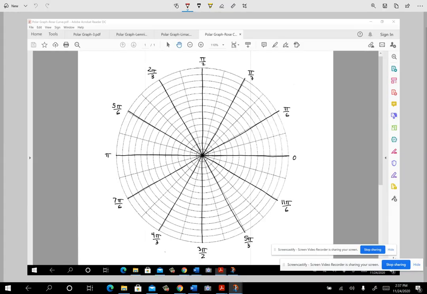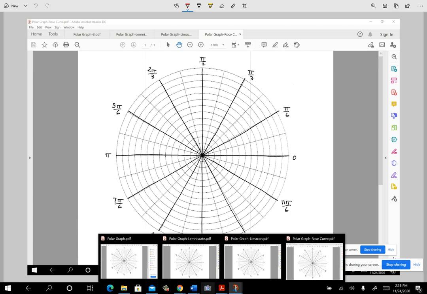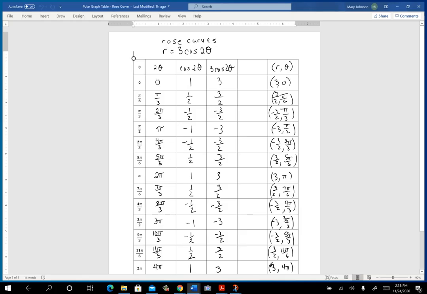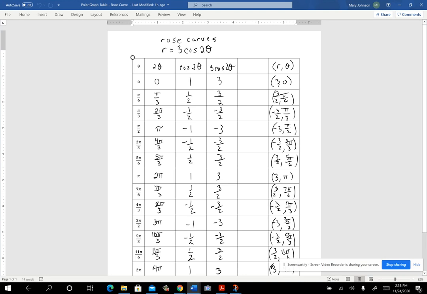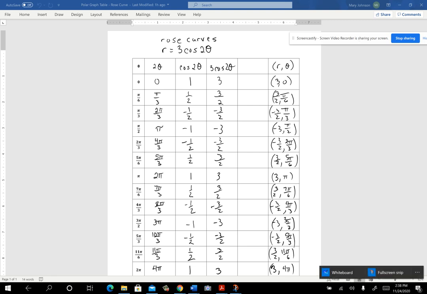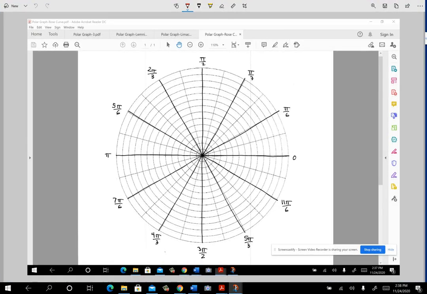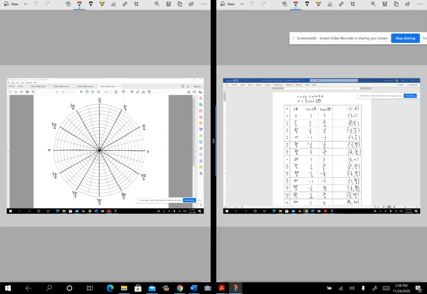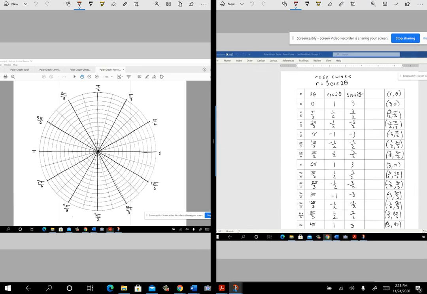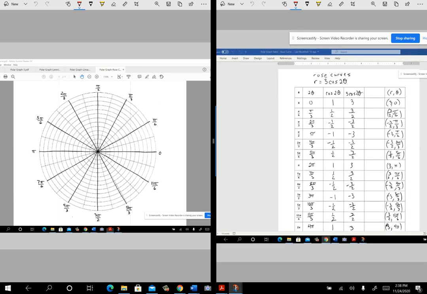Okay, and then let me pull up the graph we just did for the table. This is the completed table for it. So let me snip that and get that out of the way. Okay, and then let me try to keep these 2 things on the screen at the same time, and we'll start plotting them.